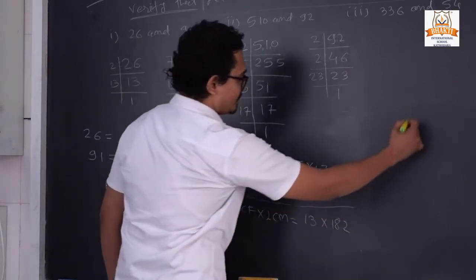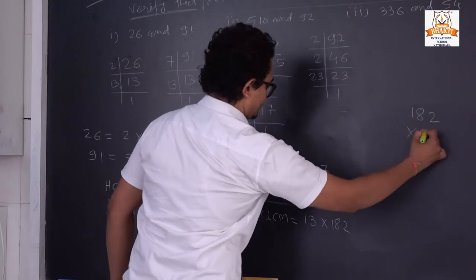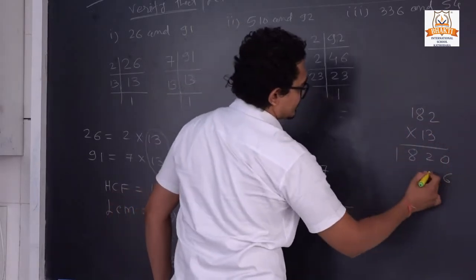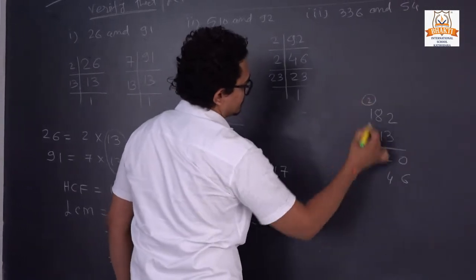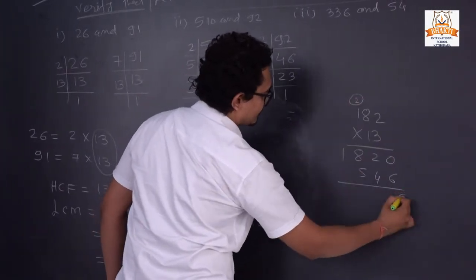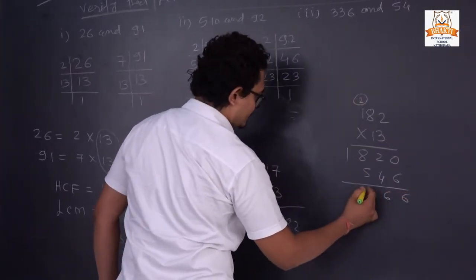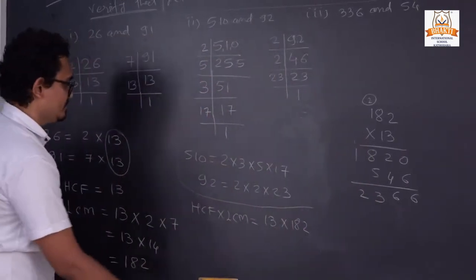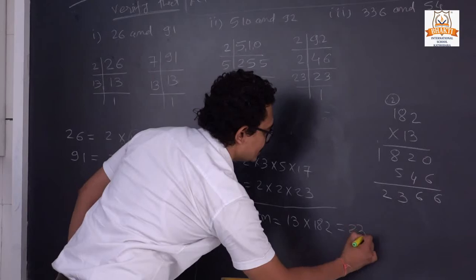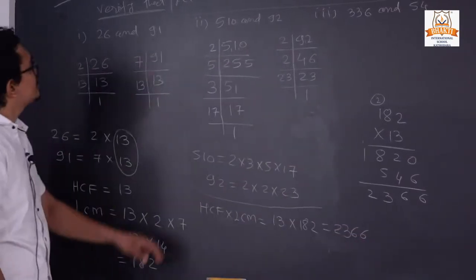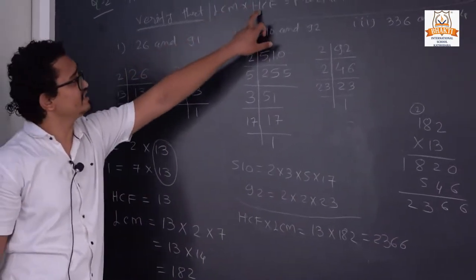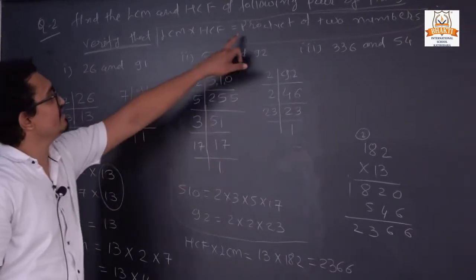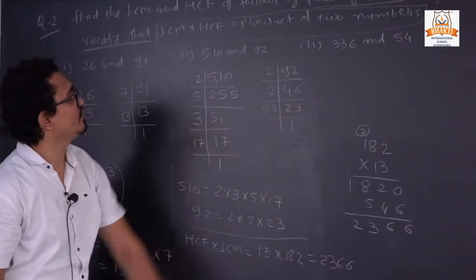So we will perform multiplication. So 6, 24. So 3 into 2, 6, so 1 carry. So it will be 2366. So LCM into HCF is equal to 2366. Now what are they saying? The product of two numbers.